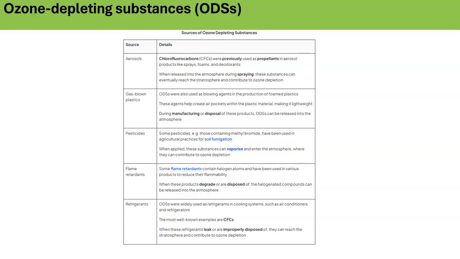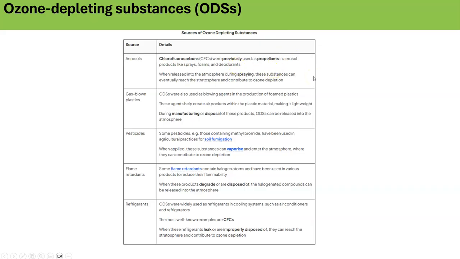Now you can see here some types of aerosol or ozone depleting substances. The main ones are these chlorofluorocarbons that have fluoride in them, and these are some very important ones.